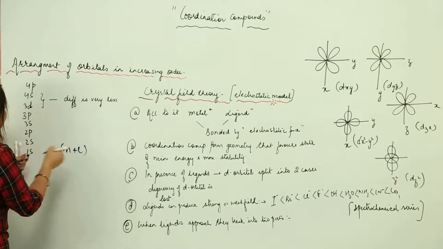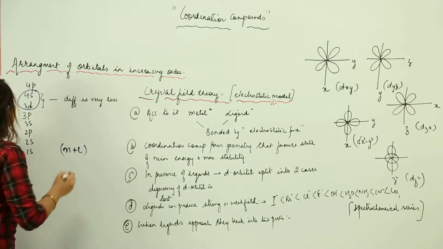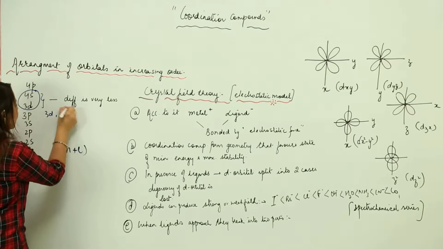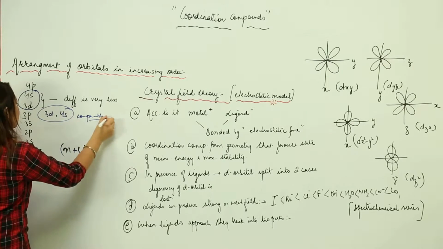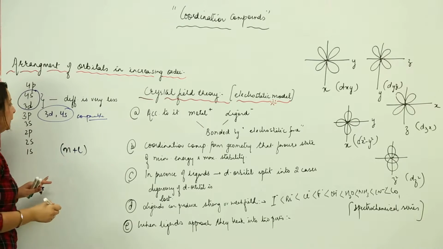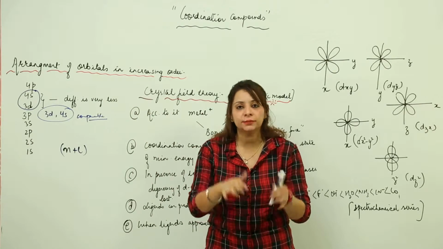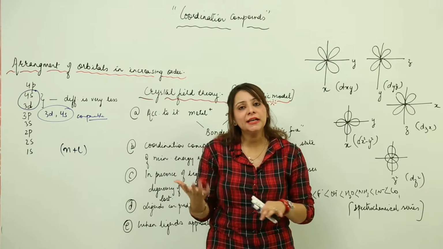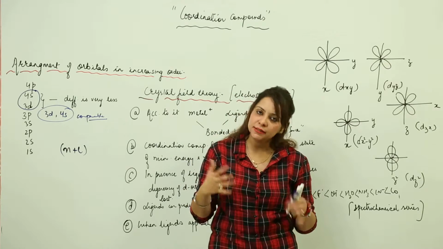But what we see is that when we come across 3d and 4s, the energy of 3d and 4s is almost comparable. So in certain cases, we found that the energy of 3d falls down and the energy of 4s rises, but in certain cases the energy of 4s is low and the energy of 3d is high.